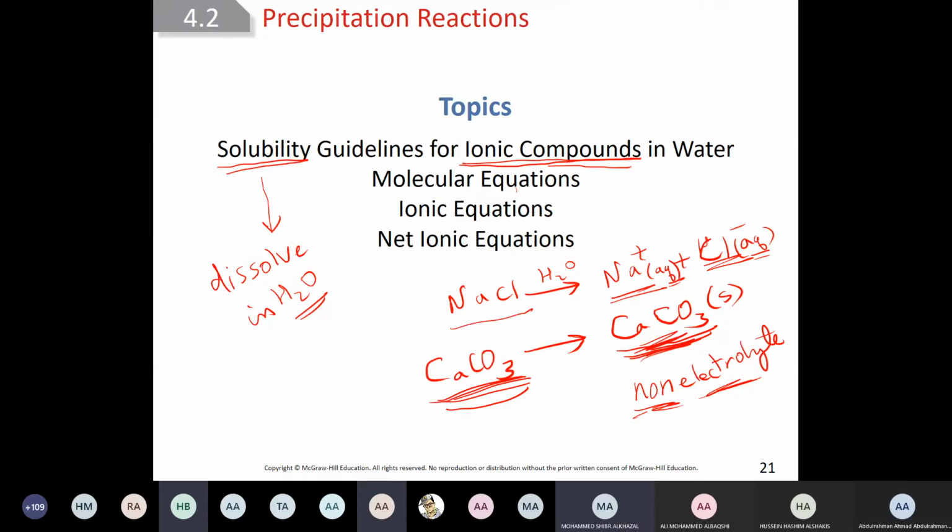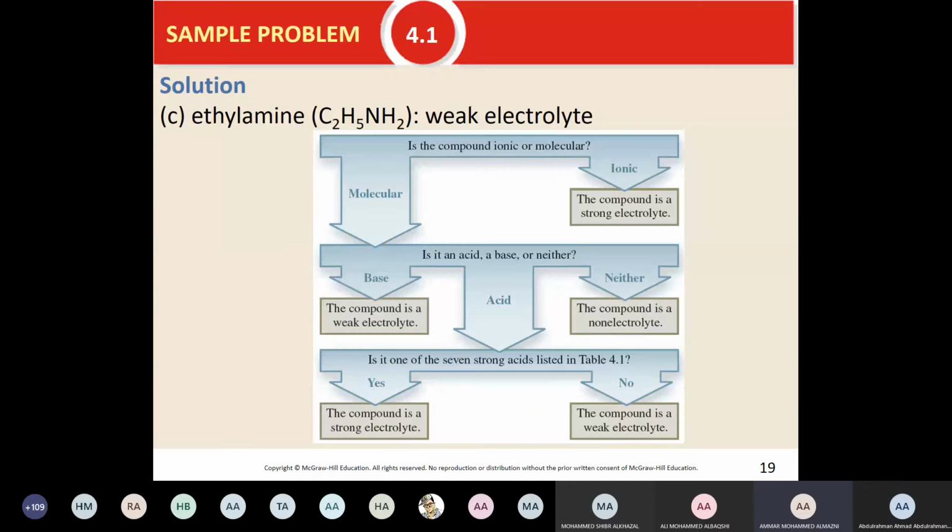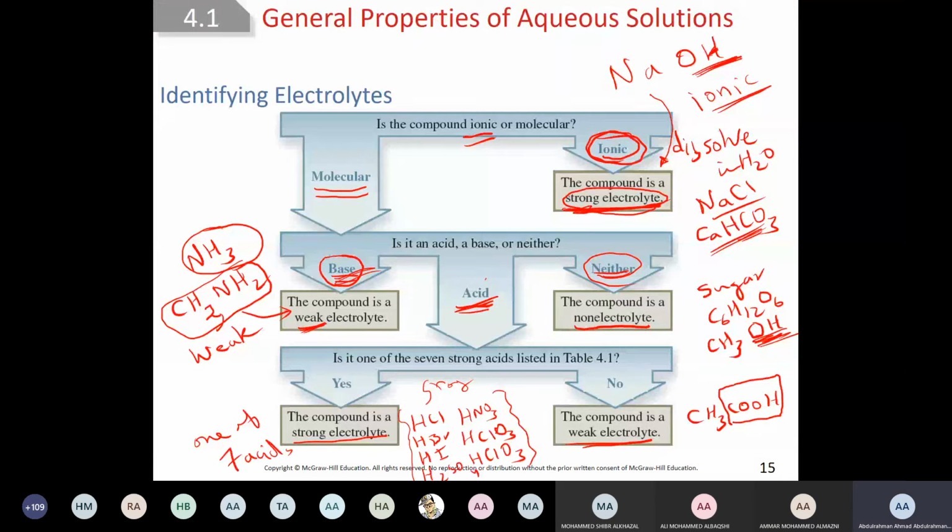I told you the ionic compound is strong when it dissolves in water. If it doesn't dissolve in water, then it will not be strong. It will be non-electrolyte. Clear?